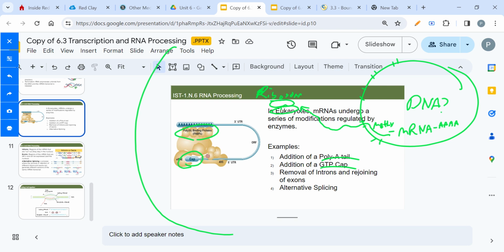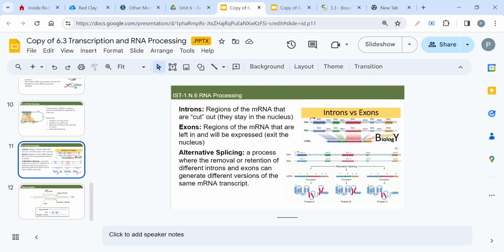Now, the other thing we're going to do is this thing called introns and exons and alternative splicing. What does that mean? Imagine you have extra genetic information, and I can remove some of it in order to make different proteins. I have an image here to show you.